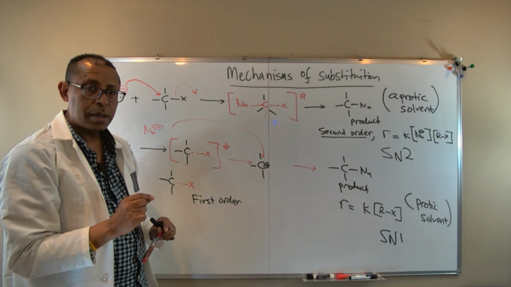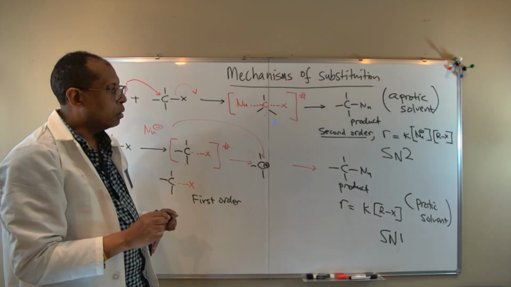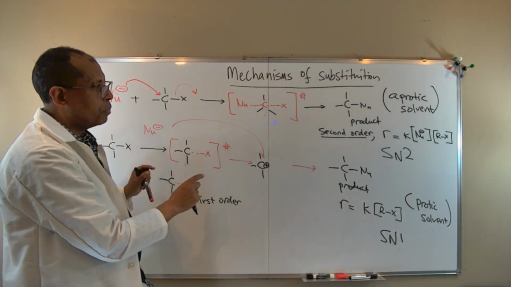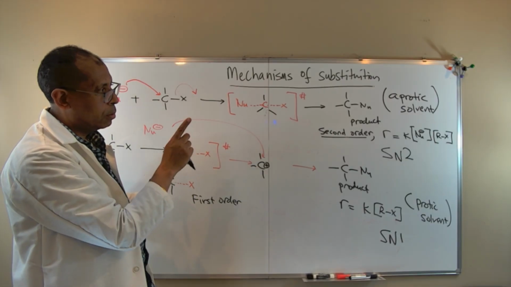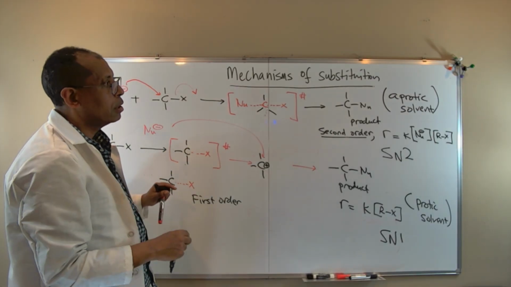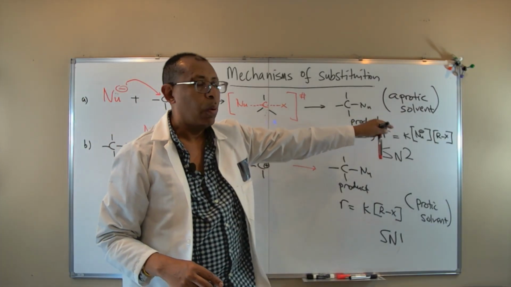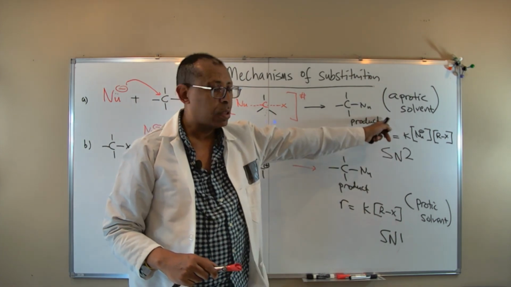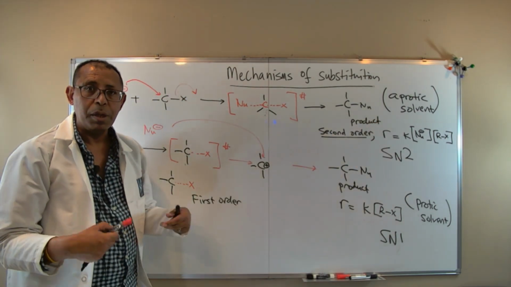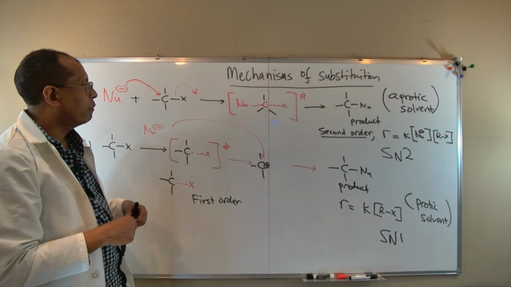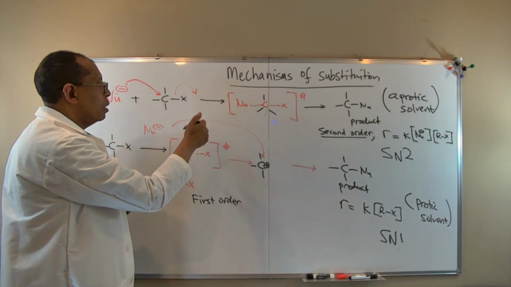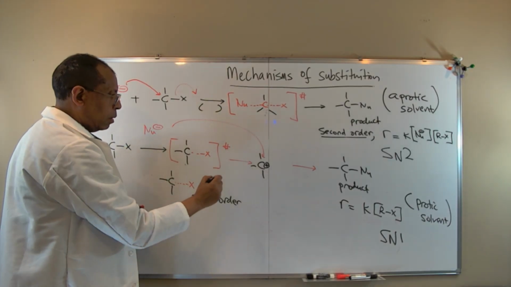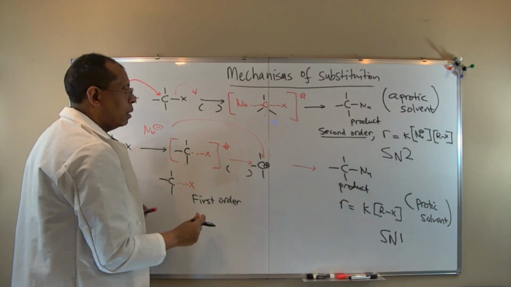So reaction mechanisms are very important. You need to review this again, and the mechanism of the reaction also depends on what kind of solvent the reaction is carried out in. In the textbook, for example, somebody would put the solvents here.